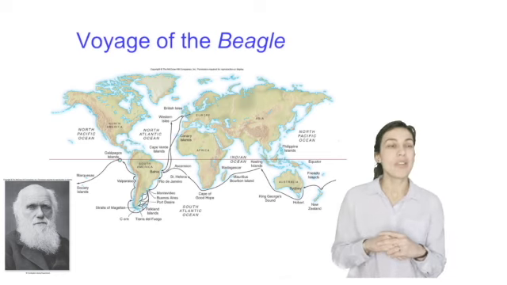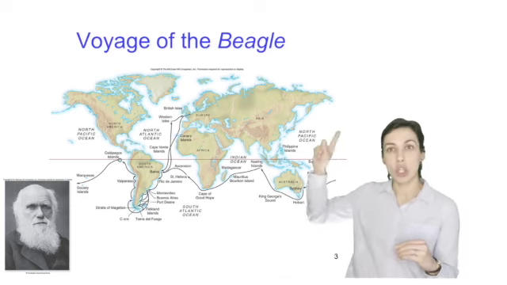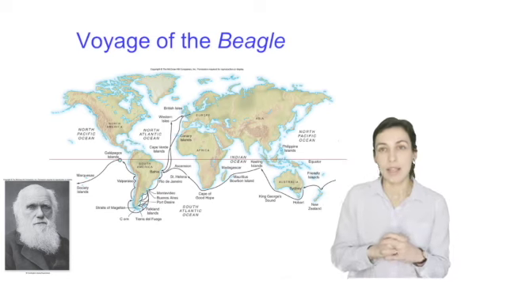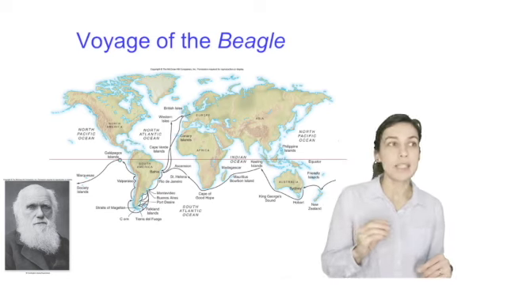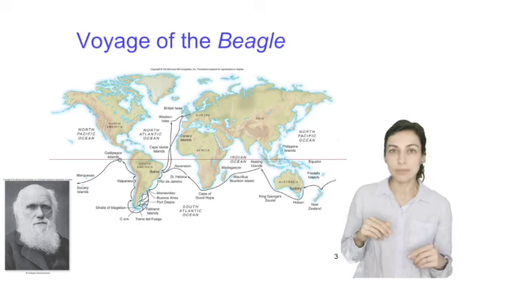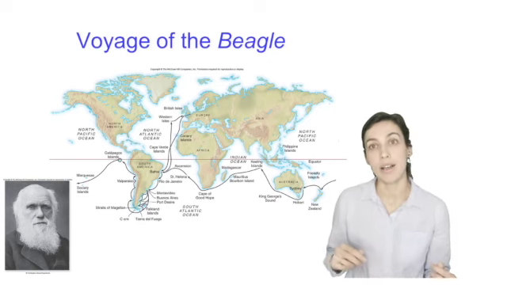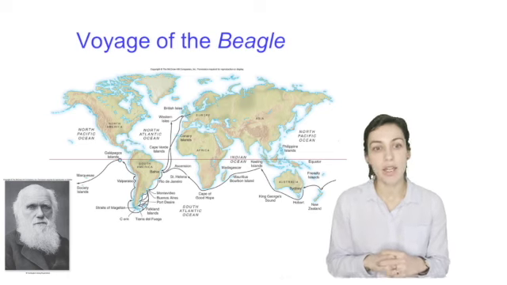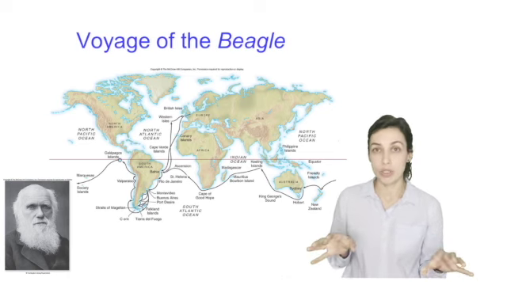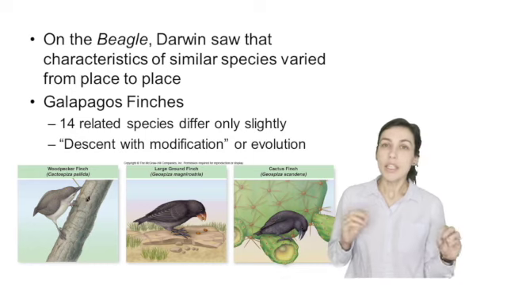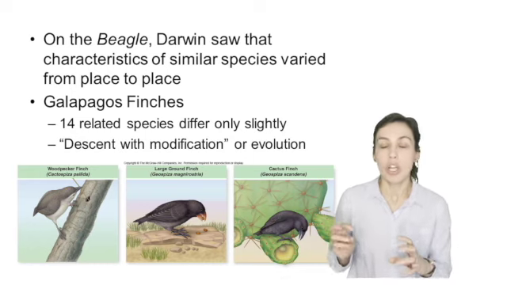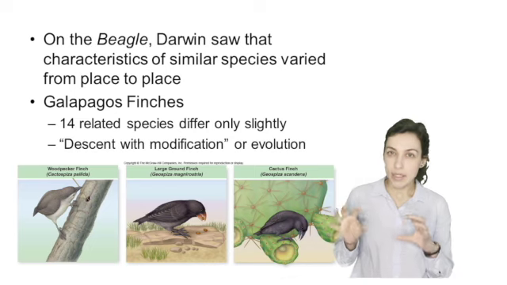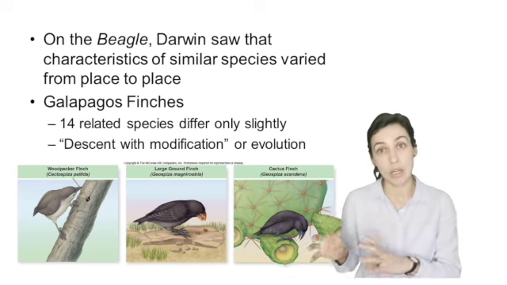But it was almost at the very end of his long voyage when they stopped at a chain of islands off the coast of Ecuador named the Galapagos Islands. And something that Charles Darwin noticed there is that there are a lot of birds on this island, and they look very similar to the kinds of birds that were on the mainland Ecuador.